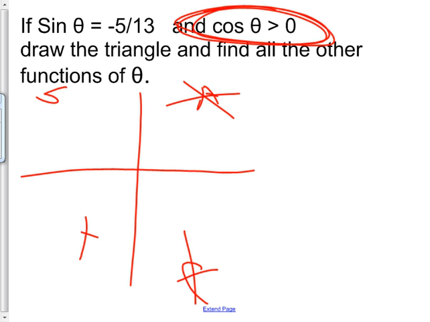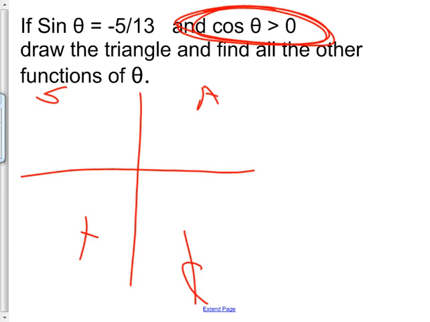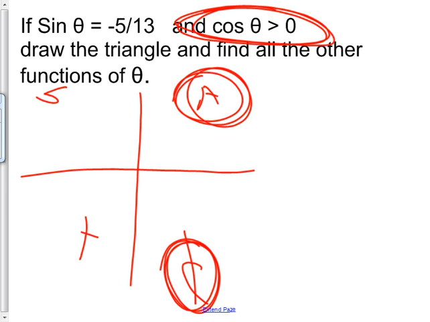It can only be here or here where cosine is positive. All right, and if sine's got to be negative, do you get that it has to be down here then? Because sine can't be negative up in here. All of them are positive in here. So I have to draw my triangle here.